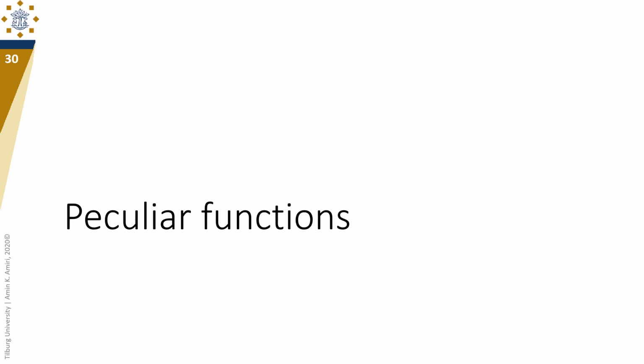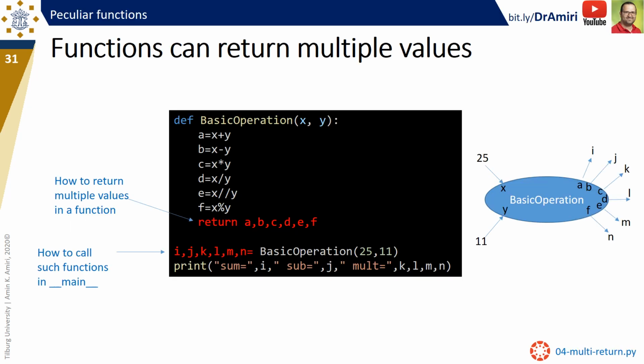Now I would like to discuss some peculiar functions. You need to know that a function can return multiple values. So far you have seen that the return clause returns only one variable, but you can easily return multiple values by separating them using a comma.